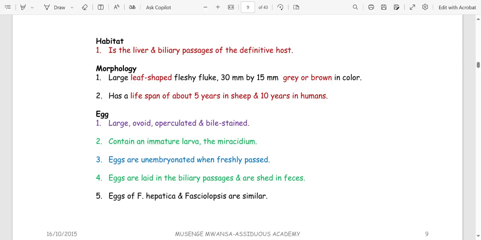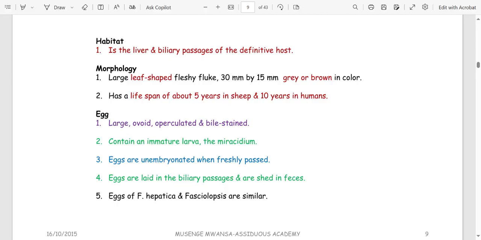So the egg contains the miracidium, which is an immature worm. The eggs are unembryonated when freshly passed. So when the eggs have been released, there's no formed embryo inside. The eggs are laid in the biliary passage and are shed in feces.